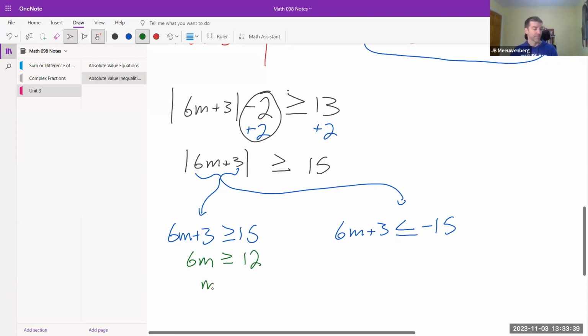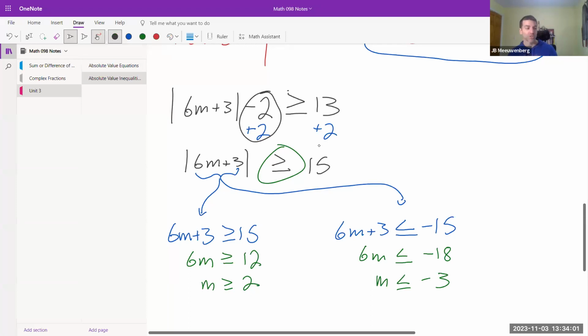Divide by 6, m is greater than or equal to 2. Over here, subtract 3 from both sides. 6m is less than or equal to negative 18. Divide by 6, m is less than or equal to negative 3. It's greater than, so are we using and, or are we using or?